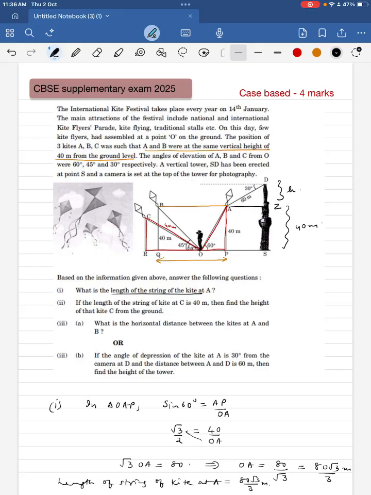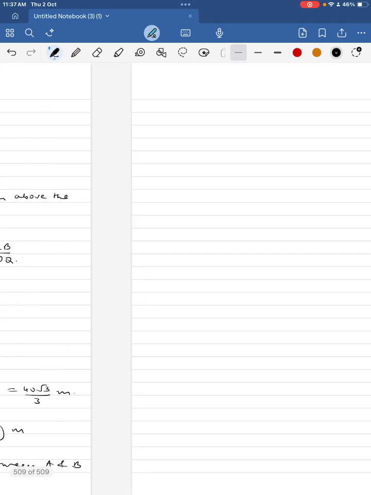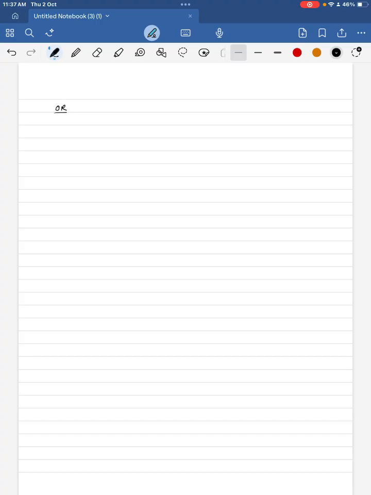And I'm taking the height from D to Z as H. I'm going to use the triangle ADZ and find H from it. Now this angle is 30 degrees, so the alternate interior angle will also be 30 degrees. So let me use the triangle ADZ for the third question OR B part.